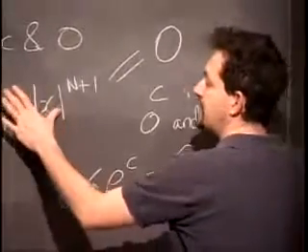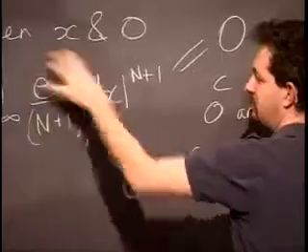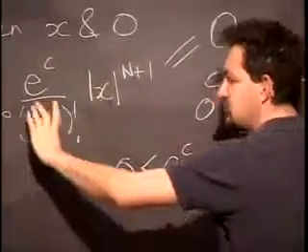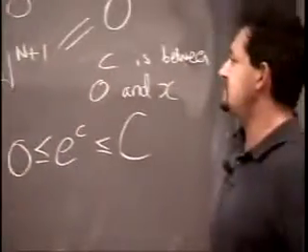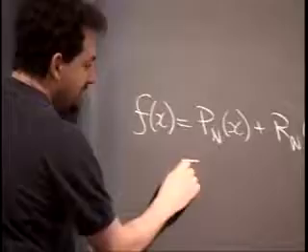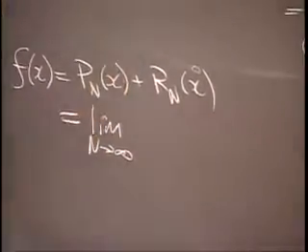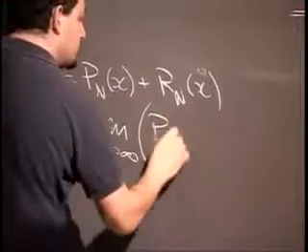Basically, the top grows exponentially. This is just not a trouble. This is the exponential, but the factorial on the bottom kills everything and pushes it down to 0. So having said that, we can take a limit here. Since it's true for every n, it's also true in the limit.